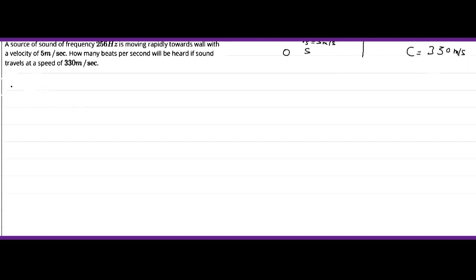So now let us say f dash, that is frequency, equal to v plus velocity of observer. The observer is stationary here, so it will be 0, upon v minus velocity of source. The source is moving in the same direction, so the sign will be negative, so minus vs, multiplied by frequency.